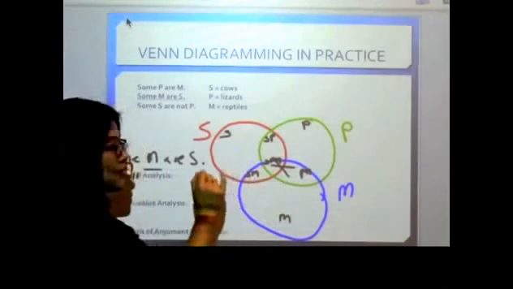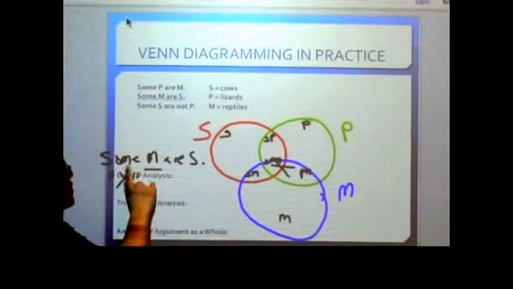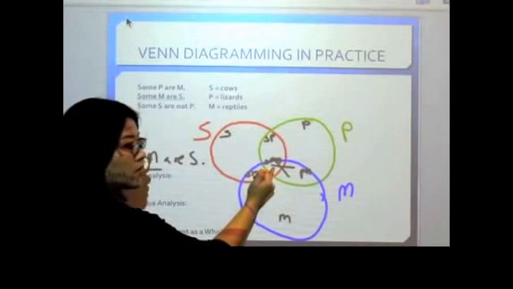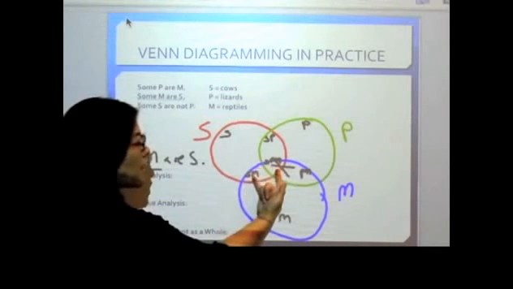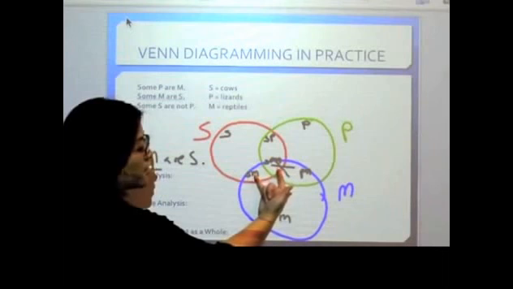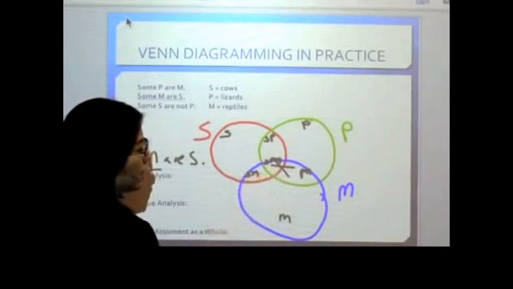So this X, according to this statement, Some M are S, could go in here or in this middle area. Because we have two possible areas available to us, we are again going to put the X on the line that separates the two areas, which is this green line here.